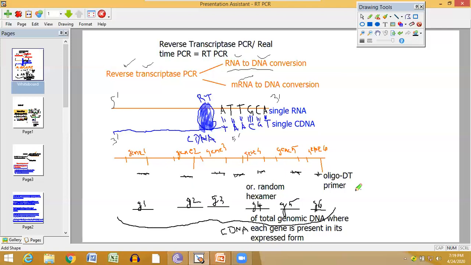So all these oligonucleotides have all the permutation combinations in them. As per their similarity with the particular genes, these random hexamers in the solution get segregated and attached as primer to the particular genes.